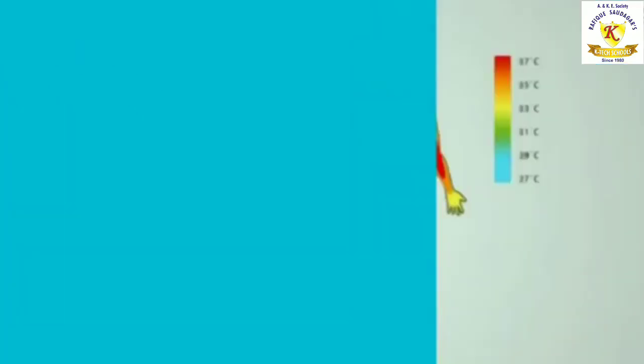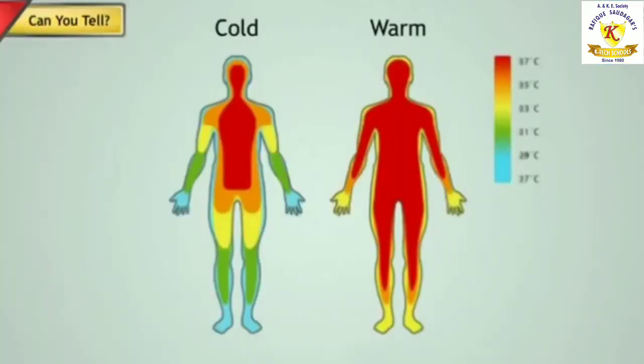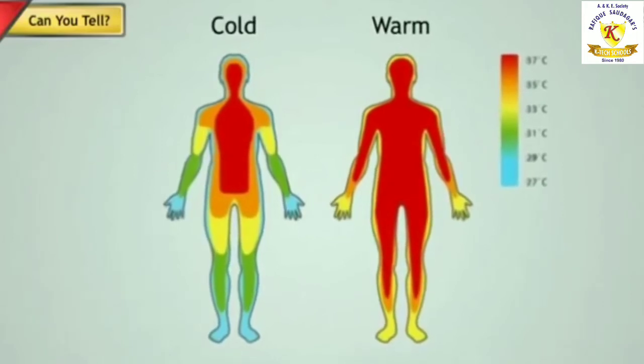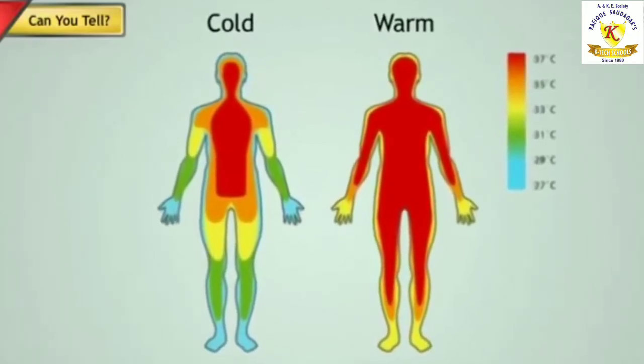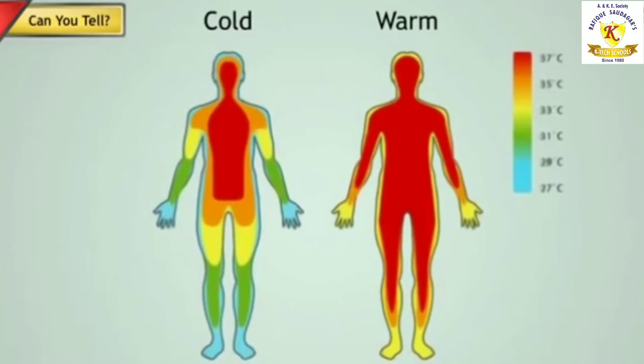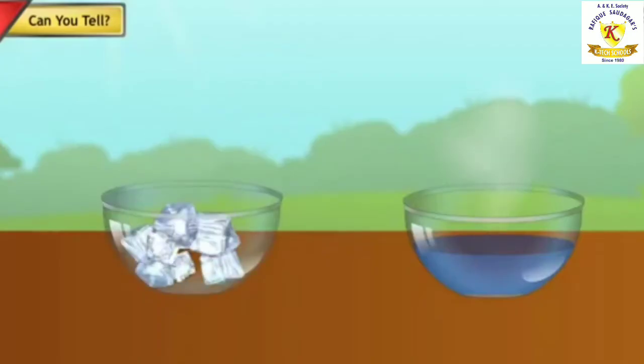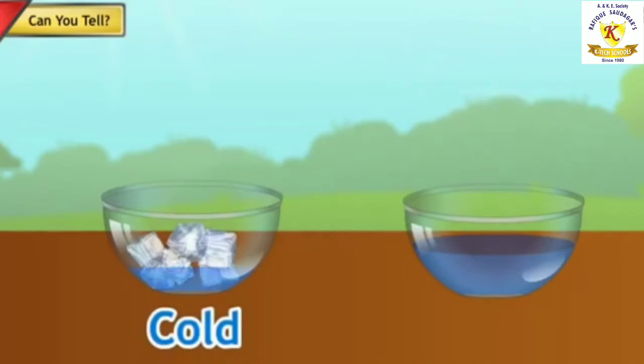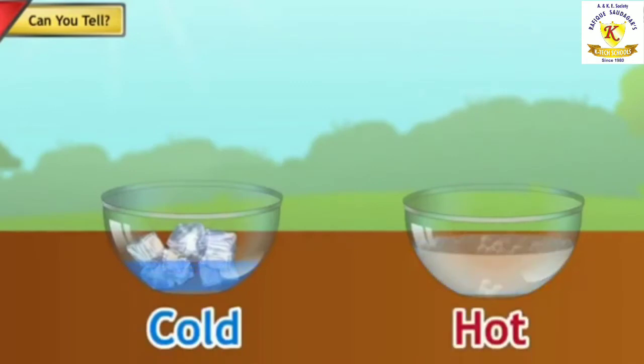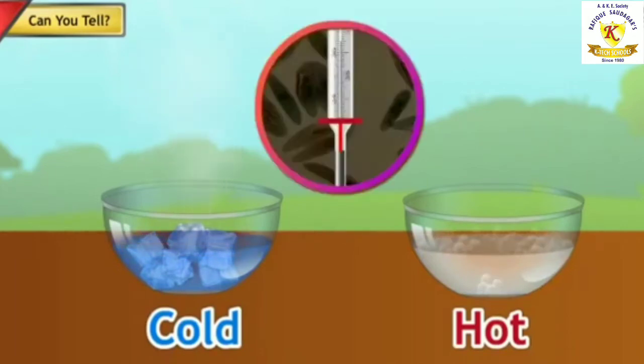So, can you tell me, we feel that some objects are cold and some are hot. Is this feeling related in some way to our body temperature? This feeling is related to our body temperature in the following way.